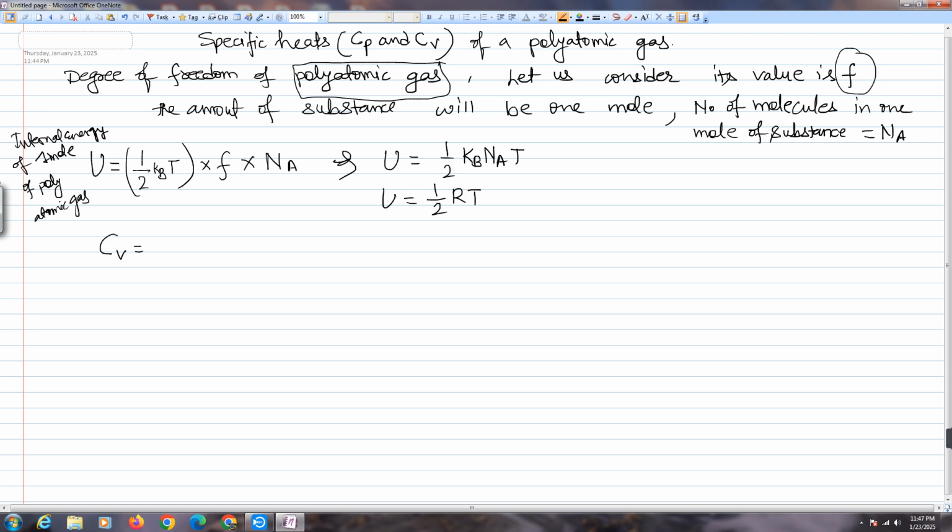Now if we want to find the value of Cv, as usual, the formula for Cv is equal to du upon dt. It can be written as d by dt of U. U is how much? 1 by 2 RT.